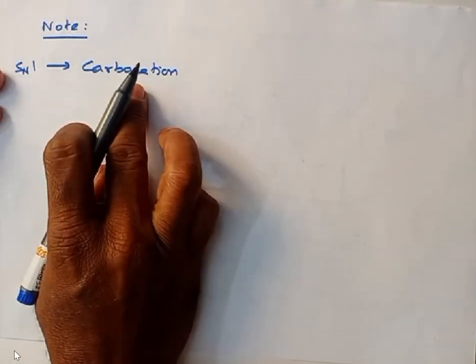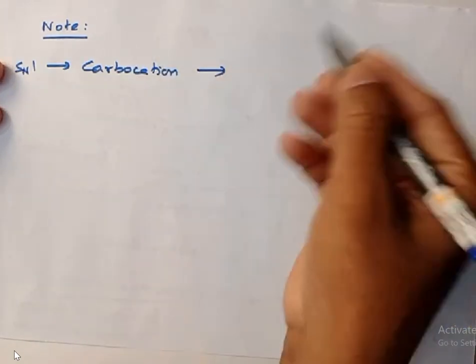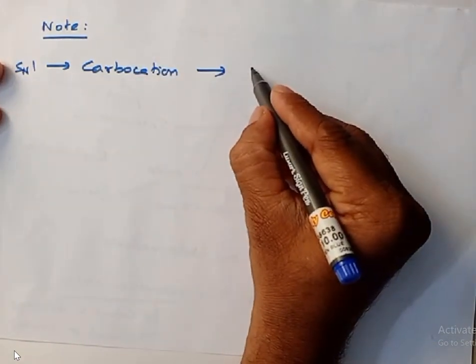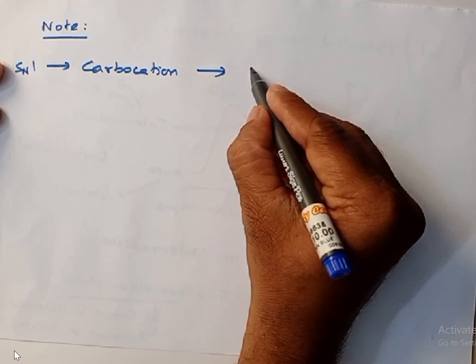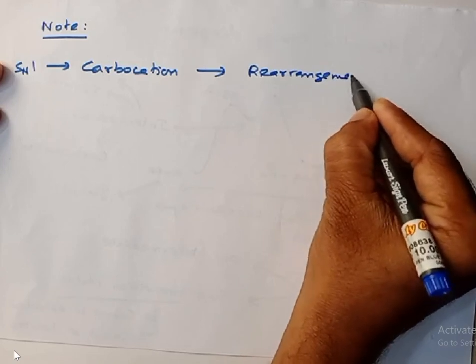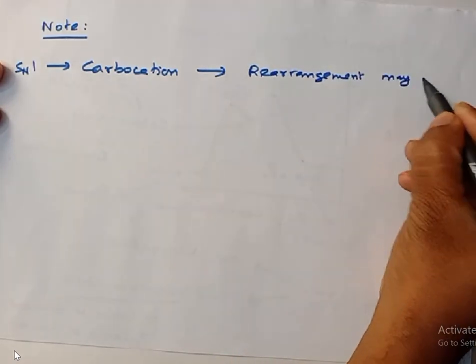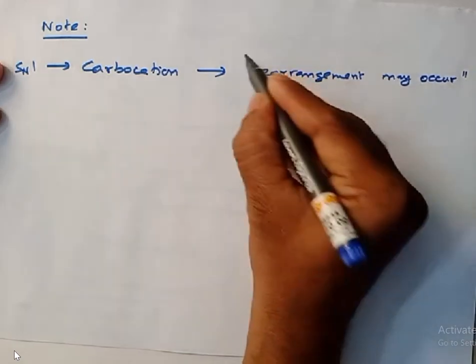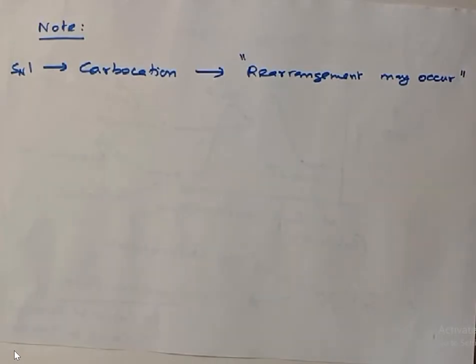Whenever a carbocation is formed, there is a possibility of rearrangement. So rearrangement may occur, depending upon your carbocation. Sometimes rearrangement may occur. We'll discuss that as we go along, with some examples. So this is the point you should keep in mind.